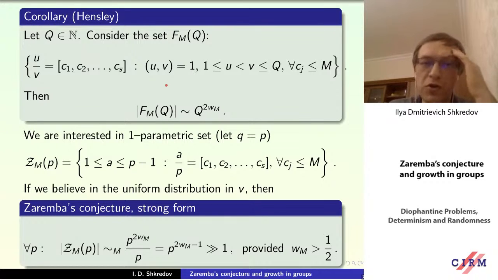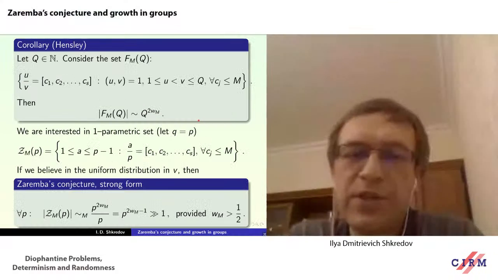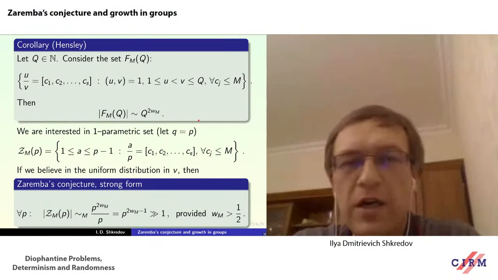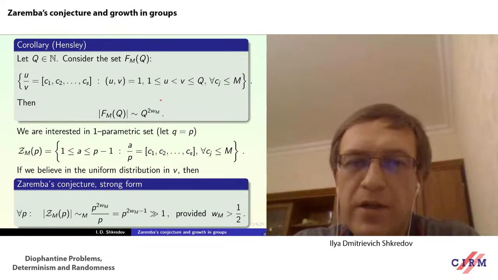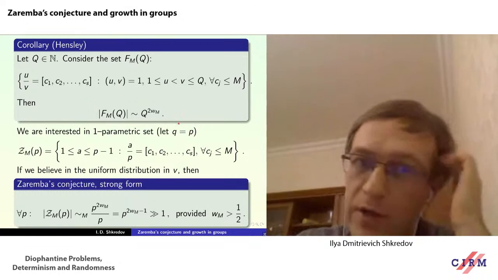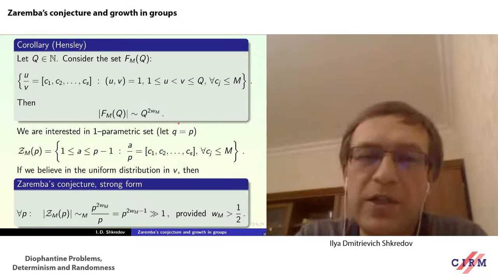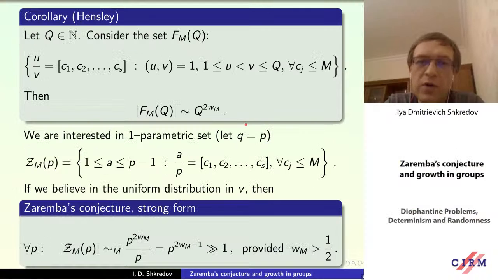Then it's very easy to show that the size of this set can be calculated actually with very precise bounds, with perfect bounds. The size of this two-parametric set is just Q to the 2 w_M, where w_M is the Hausdorff dimension. And actually, it's also a rather well-known and general fact for general groups.